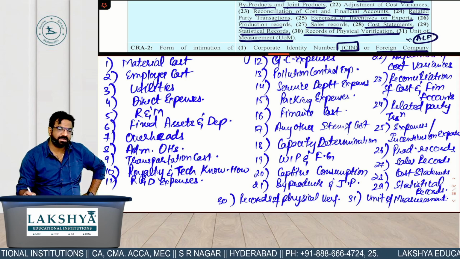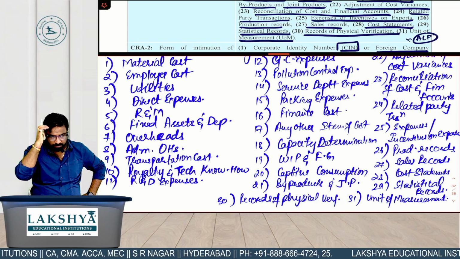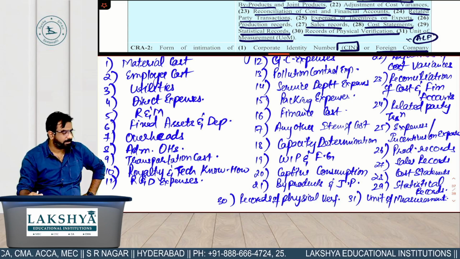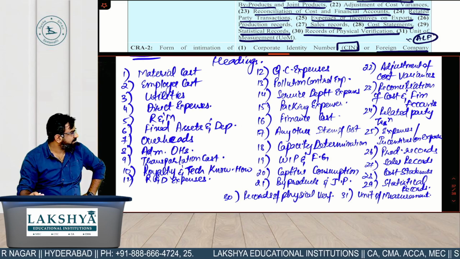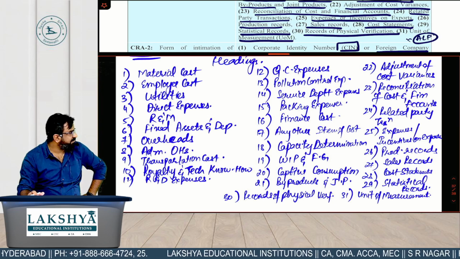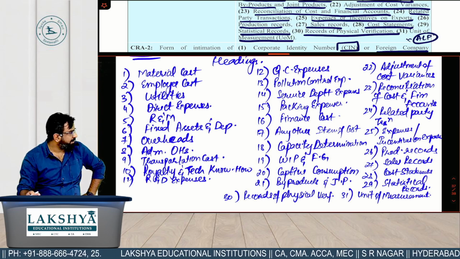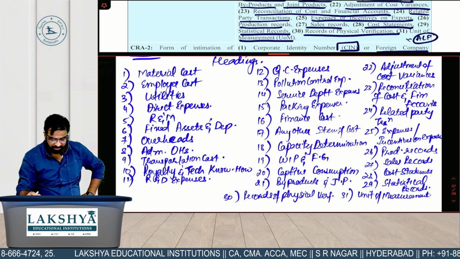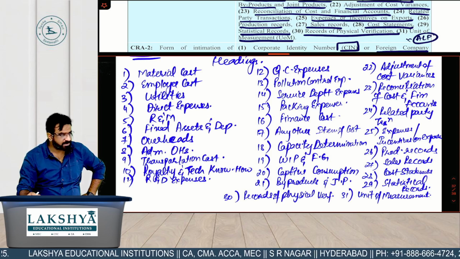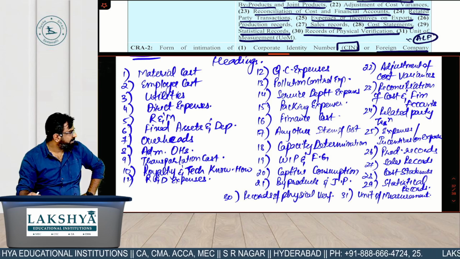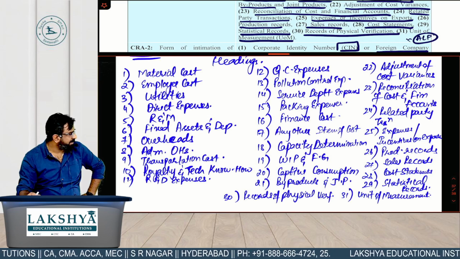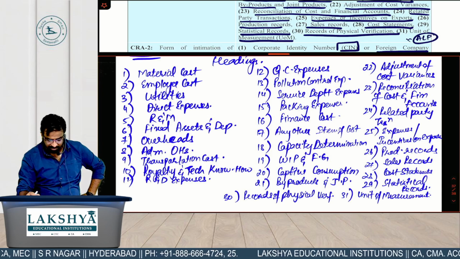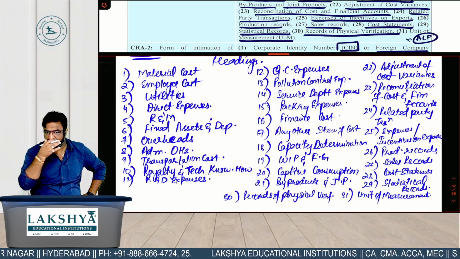Sir, if you're not understanding anything, just let me know. No problem, I'll repeat. Which one? 22. 22 is adjustment of cost variances. 23 reconciliation of cost and financial accounts. 24 related party transactions. 25th expenses or incentives on exports. 26th production records. 27th sales records. 28th cost statements. 29 statistical records. 30th records of physical verification and 31st unit of measurement.